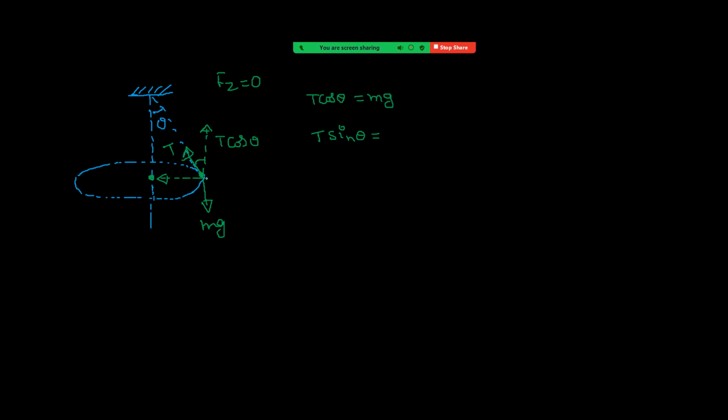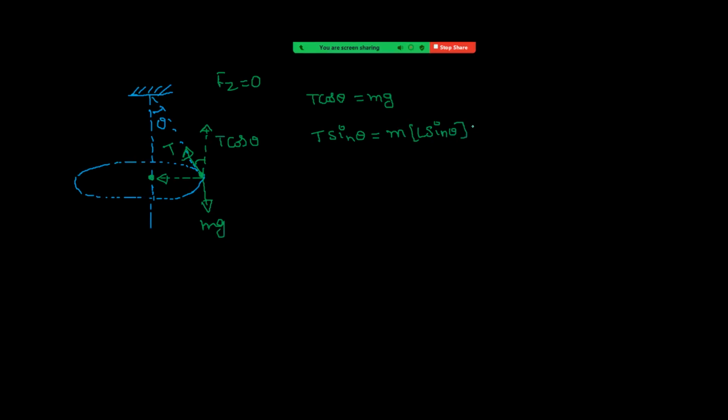I am repeating, we can say that resultant of tension and gravitational force is providing centripetal force because these two are balanced. This is nothing but resultant of these two. Okay, so both are same. So T sine theta, radius equal to L sine theta.